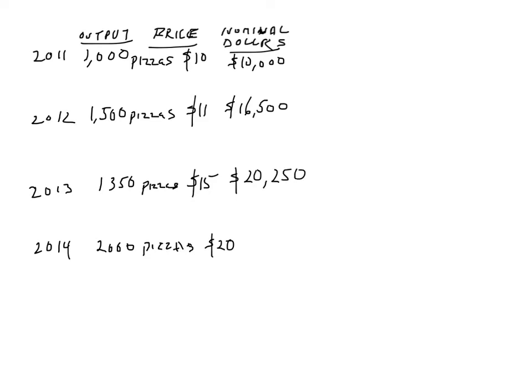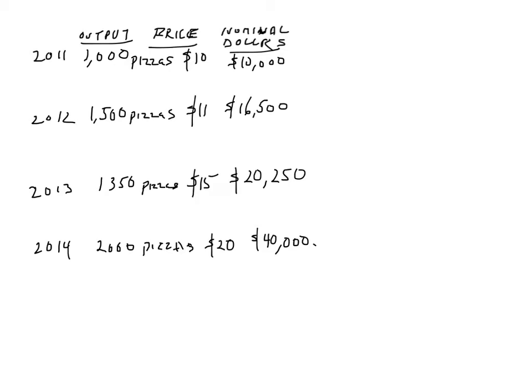And 2014, 2,000 pizzas times $20 comes out to be $40,000. So you can see that real GDP, the amount they actually produce, continues up, except for that 1 year in 2013, when it goes down.